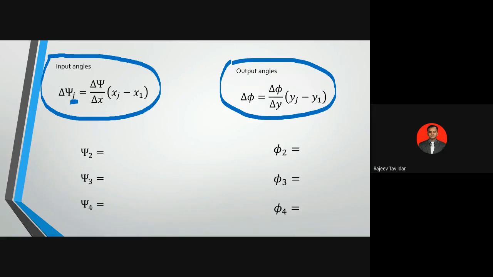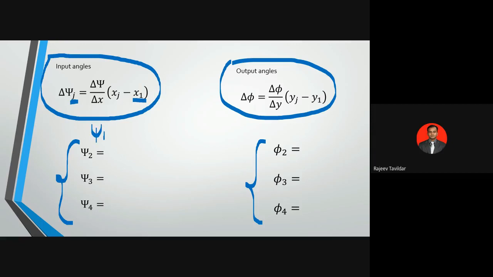It is 2 minus 1, that is 1. xj stands for whatever number you are taking, whether it's x2 or x3. And x1, you already know, it is a fixed value now. Now see here, in the options what I have written here, I want you guys to find out what is psi 2, psi 3 and psi 4. Similarly, for output link, I want you guys to find out what is phi 2, phi 3 and phi 4. Why have I not taken psi 1 here?